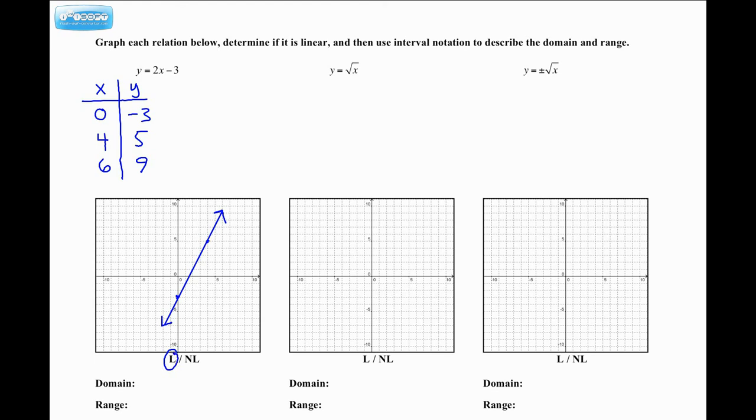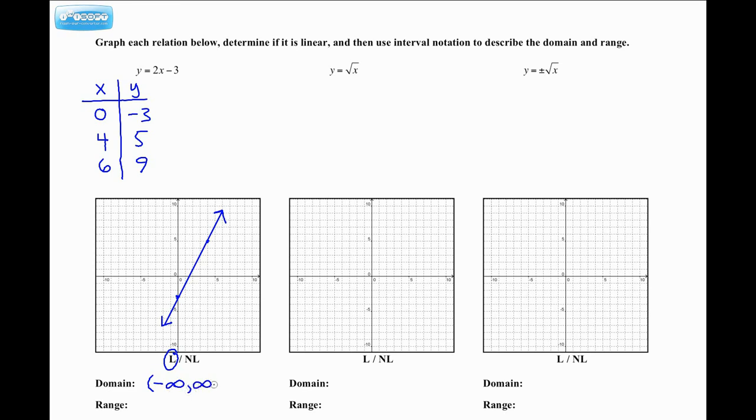Now it wanted the domain and range in interval notation. Well, it goes on forever. It goes to the right forever. Remember, domain is horizontal. And it goes to the left forever. So it goes left all the way to negative infinity and right all the way to positive infinity.